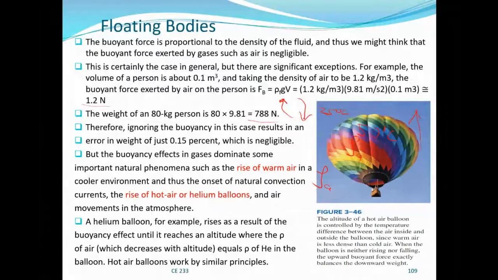Helium balloon: the density of helium is less than the density of air. So in that case, it will automatically move up. Even simple balloons that you can find in the malls for kids are filled with helium, a gas whose density is less than the density of air.